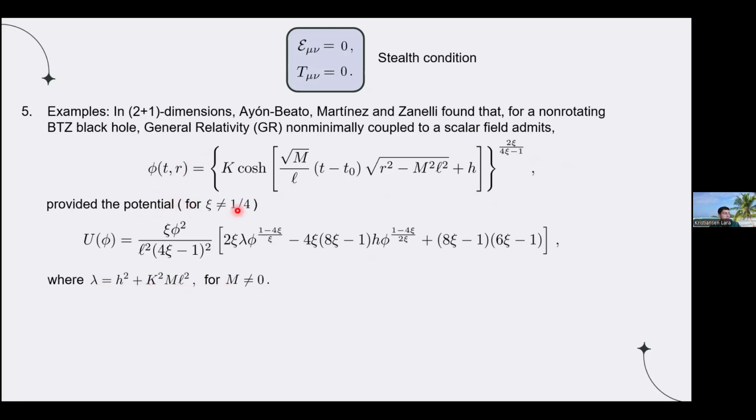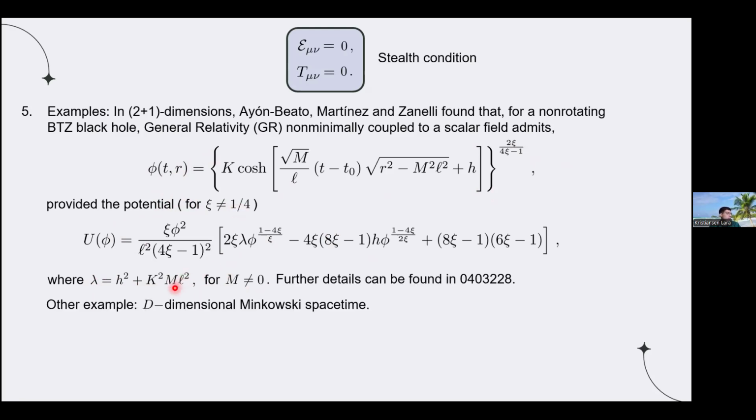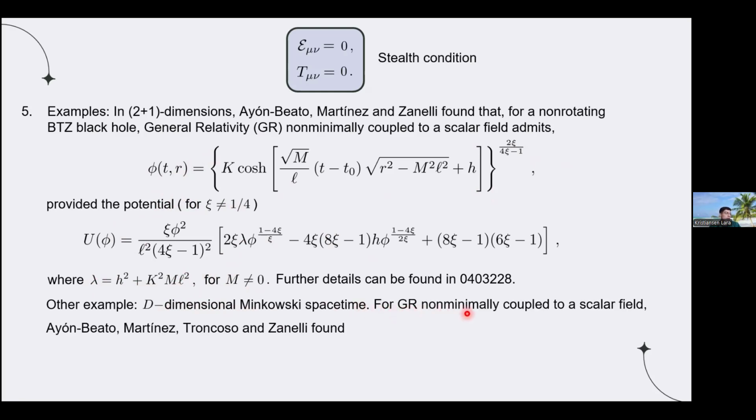So we have a non-trivial scalar field that forgoes the sourcing of the energy momentum tensor. Another example is in Minkowski spacetime. In the same story, GR non-minimally coupled to a scalar field, Ayón-Beato, Martínez, Troncoso, and Zanelli found a stealth that overflies the Minkowski spacetime with a particular potential.